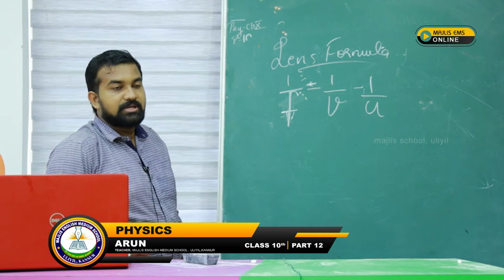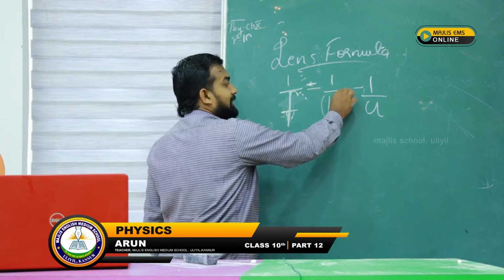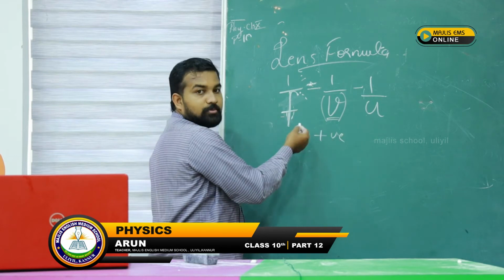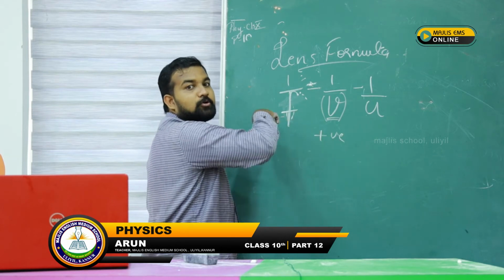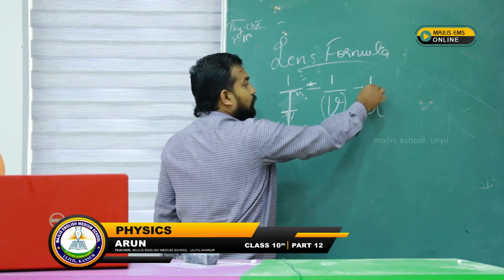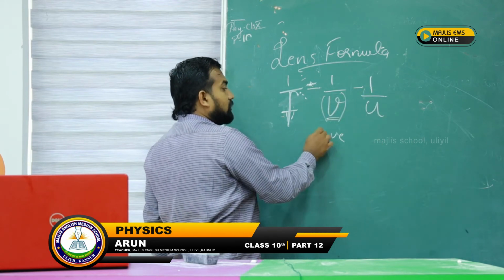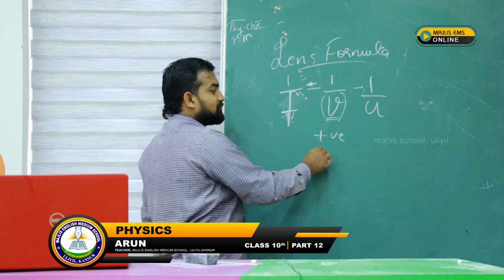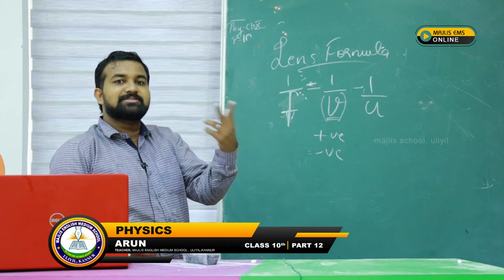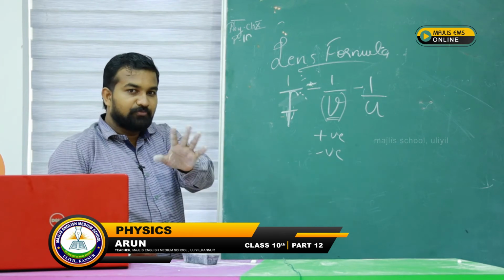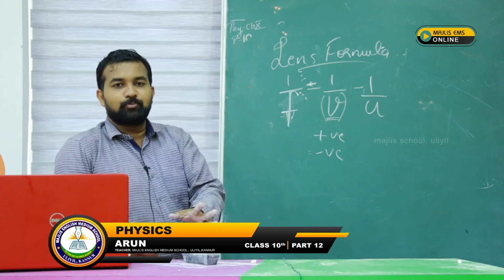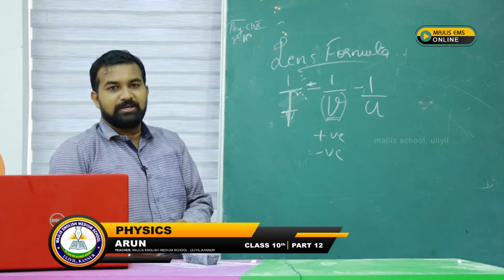Is that clear? For a real image, the image distance v will be positive, because it is always formed on the right-hand side of the lens. Refraction happens, isn't it? For virtual images, v will be on the left-hand side, so it is negative. In mirrors it was just the opposite, so don't confuse it. Understand the concept, that is the important thing, and everything will be clear.